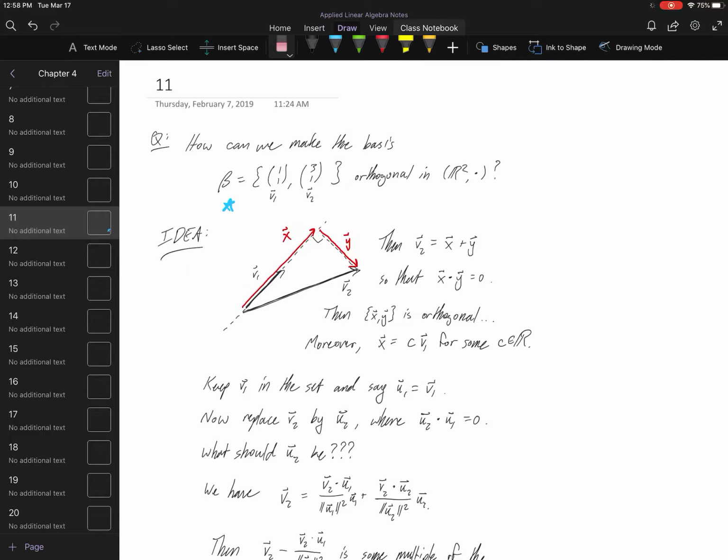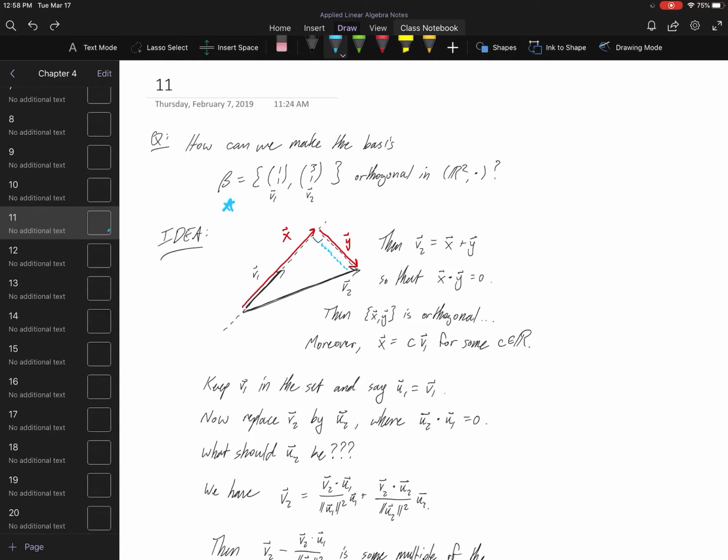This is where we're going in this picture. We like V1 the way it is. But in order for us to get to V2, we would like to take an orthogonal projection of this vector, V2, onto this line that is spanned by V1. We want to see how much of V2 lives in that line, and that's what this x vector is doing.